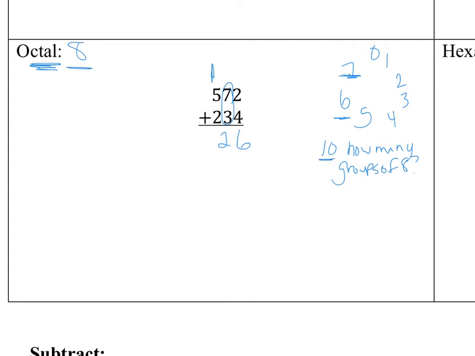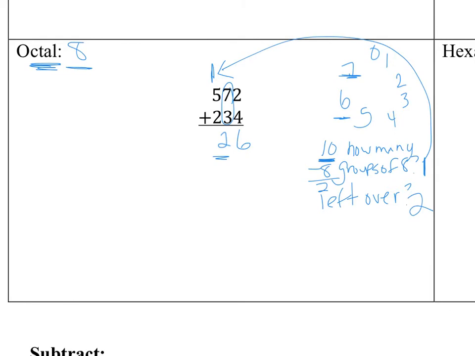Well, there's 1 group of 8, right? So that 1 goes here. That's how many groups of 8. Now we ask ourselves, how many left over? Well, if we take 8 out of 10, there's 2 left over, so that number goes there.